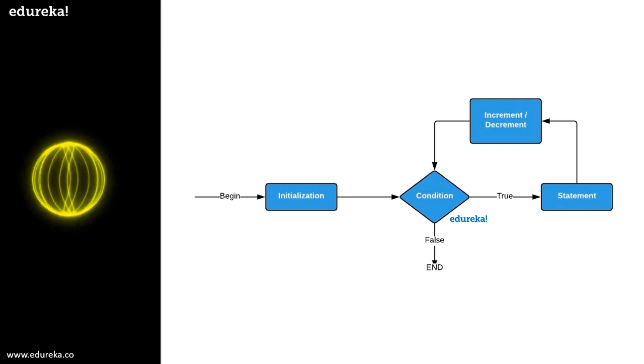And the variable will be incremented or decremented according to the condition provided. Once after the increment or decrement process is finished, then the control flow will again enter into the conditional statement and verifies the condition. If the condition is true, then the same loop will be executed. Else, the control will exit from the condition statement. Now, let us try to execute a program to understand this in a better way.